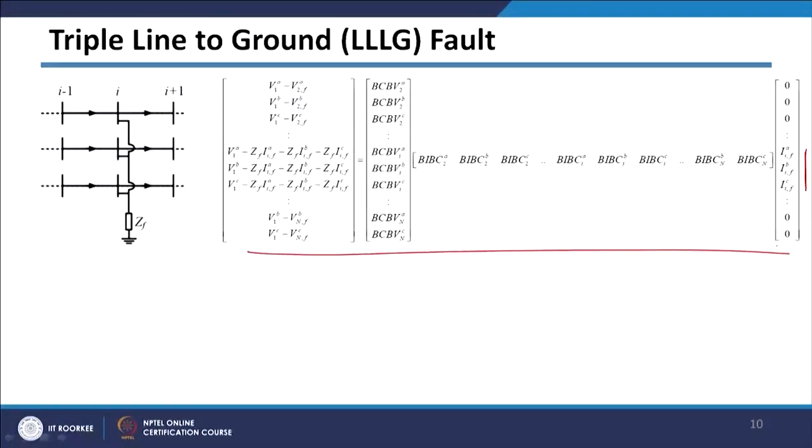Now in this case also, first take these 3 rows corresponding to the faulted bus. If you take these 3 rows corresponding to the faulted bus and write them separately, the equations will be something like this. It will be ZF into A phase fault current, minus ZF into B phase fault current, minus ZF into C phase fault current.